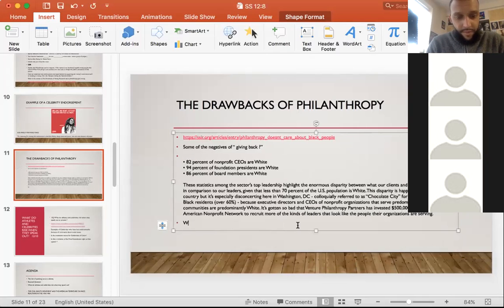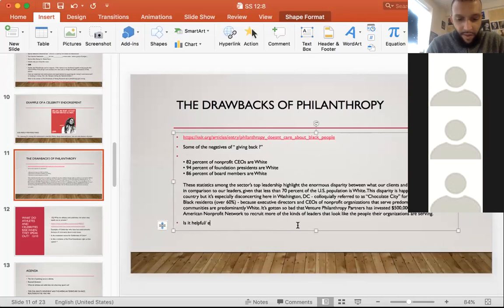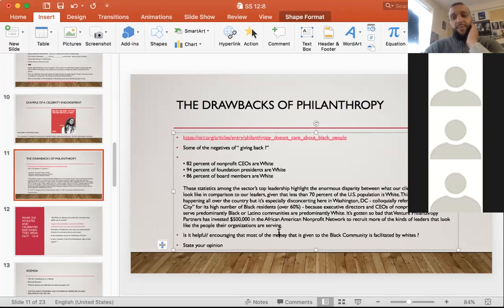So this one here. So that second one, I just put some highlights of the drawbacks of philanthropy: that a lot of the money being sent out to communities of color or to lower income communities is being facilitated by people.